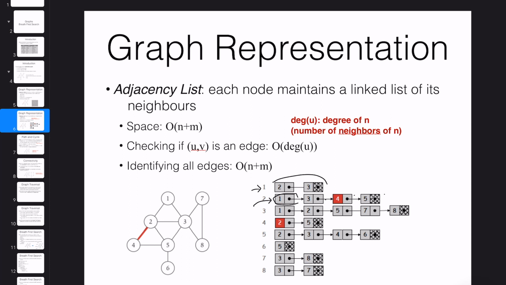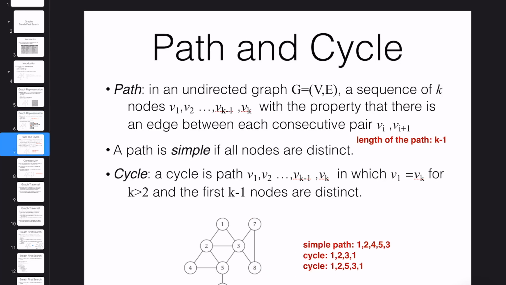We have two representations, adjacency matrix and adjacency list. Depending on the size and the shape of the graph, and whether space complexity or time complexity is more important for you, you choose either the adjacency list or the adjacency matrix.